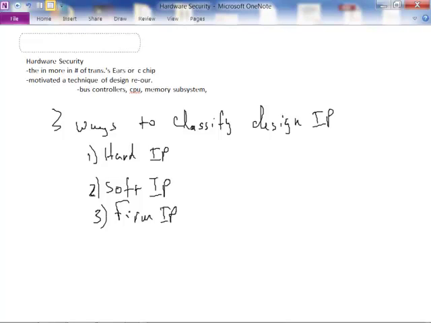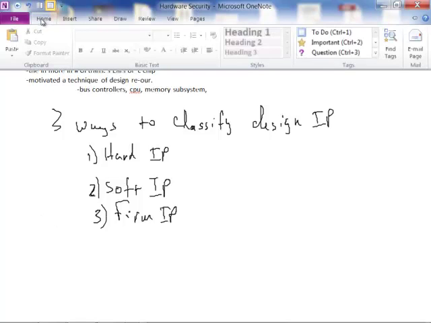Firm IP examples would be register transfer level subblocks, fully placed net lists, maybe for some generic technology library. So it's in between the hard IP and the soft IP.